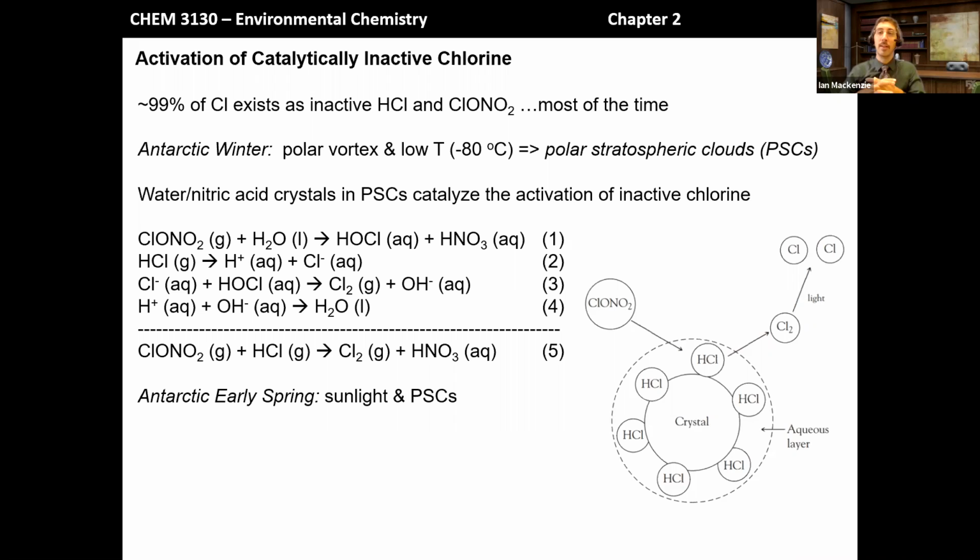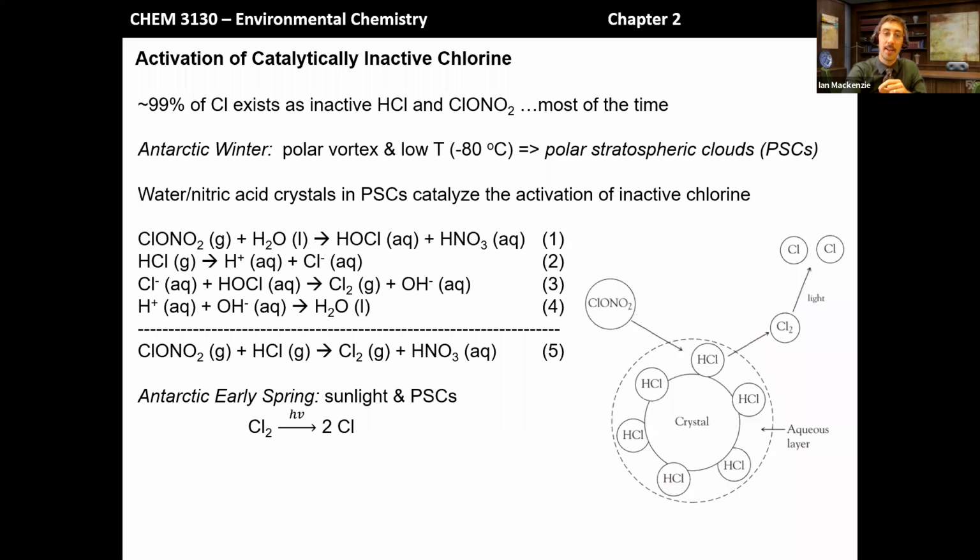And then early spring rolls around and the sun rises again, and we still have extremely low temperatures. The polar vortex stays in place for probably a couple months through most of the spring. And so we still have activation of the chlorine from any of its inactive forms.